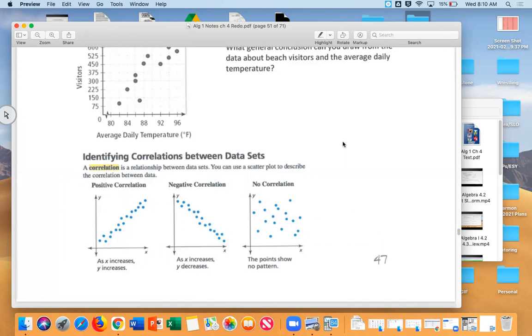When two things are compared, think of studying and your grade on a test, right? The more you study, the higher your grade you can anticipate on your test. Are we in agreement for that? That has a positive correlation.